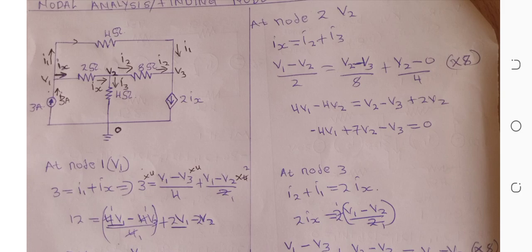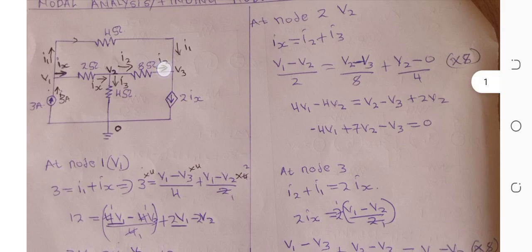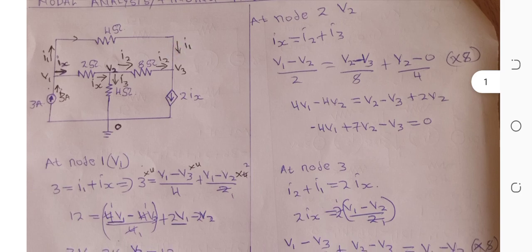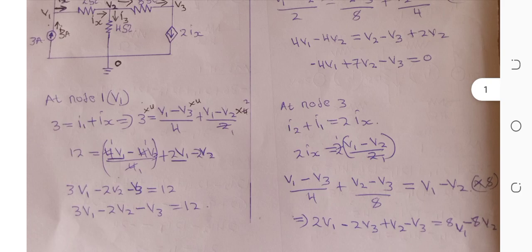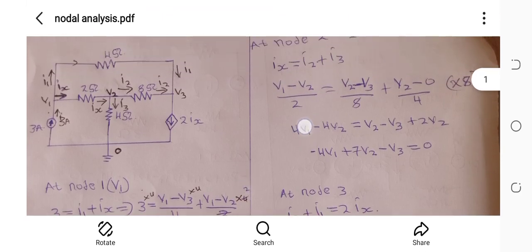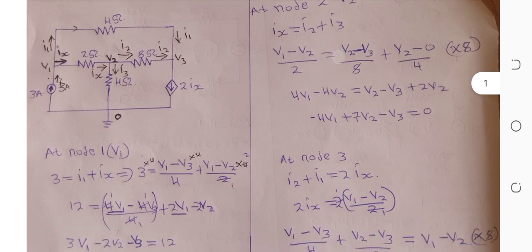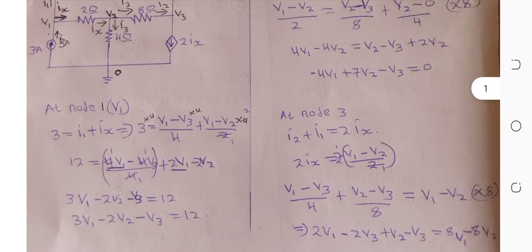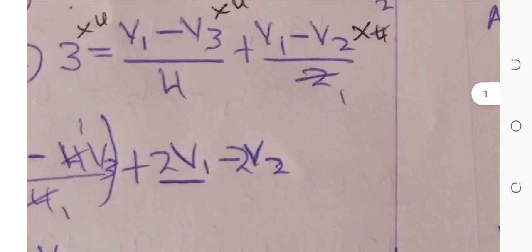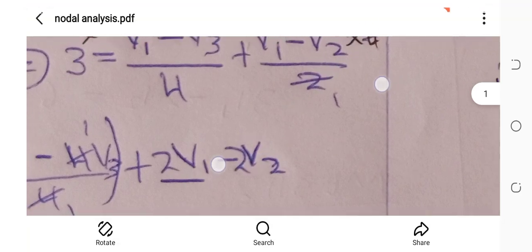We were given it already in the question. So to solve it, we have I2 plus I1 is equals to 2Ix. Ix, we had already found it. It's over here, or we can find it again, as you can see here.